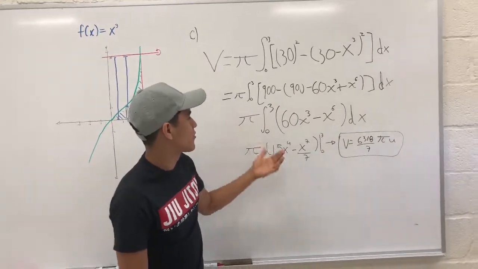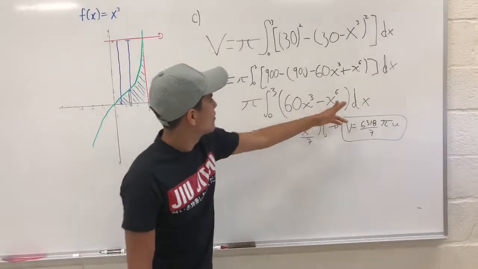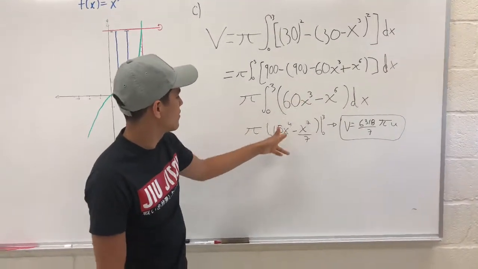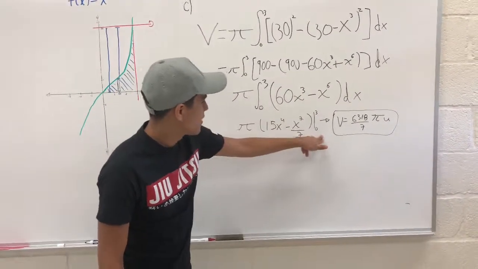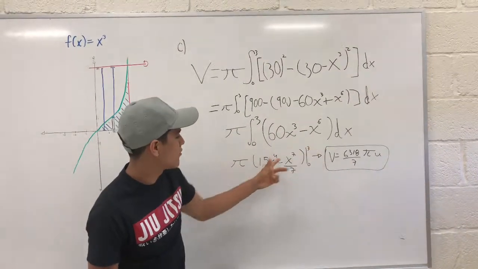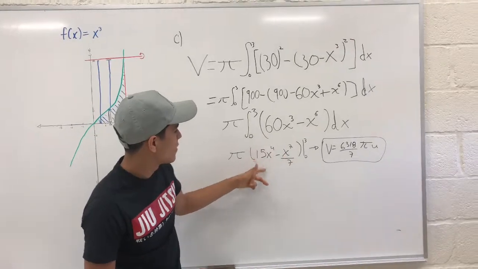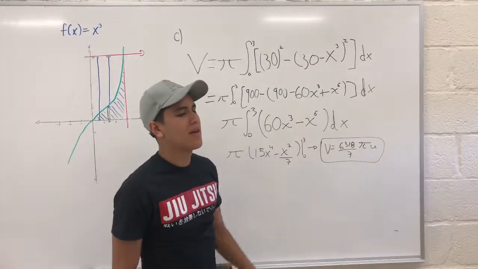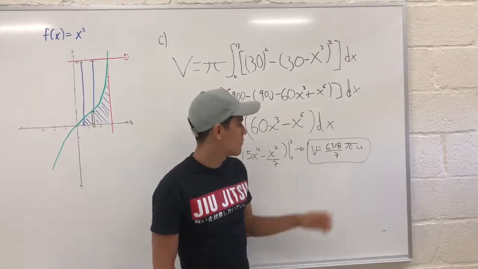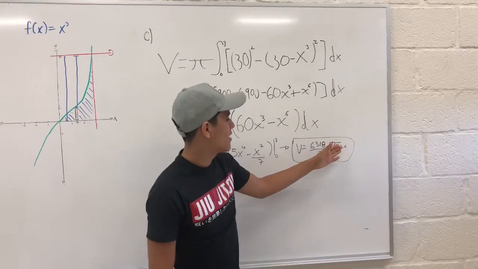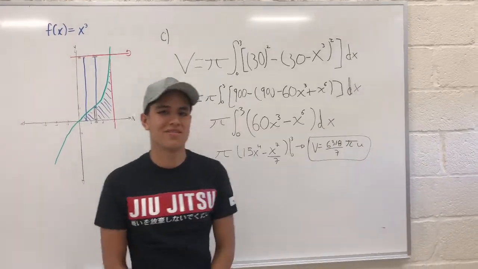Then we subtract and add everything, as you can see here, and finally do the integral. Finally, again, substitute the 3 into each of the x's. The 0 is not necessary. And the final volume is 6,318 over 7 pi units of volume. Thanks.